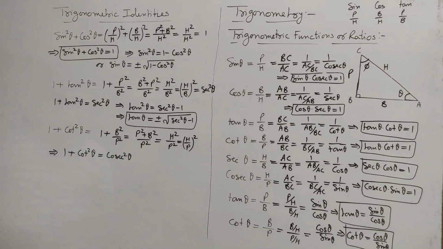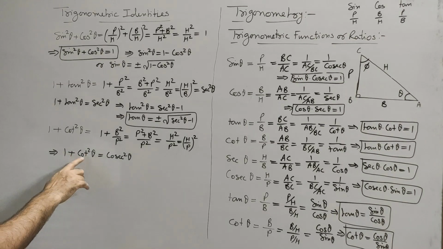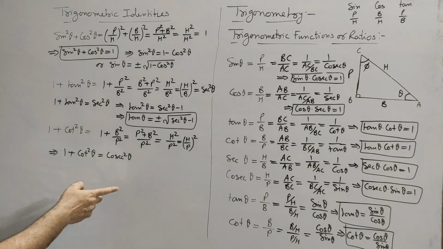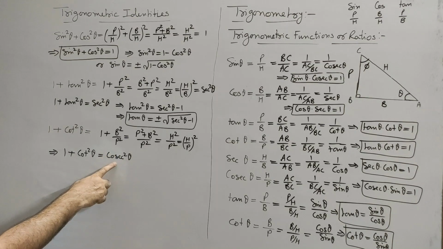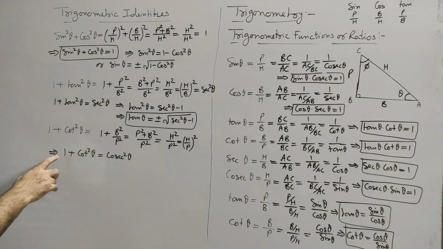And this can be used either to change cosec square theta into cot square theta or cot square theta into cosec square theta. If we want to find out cosec theta, then cosec theta will become plus minus under root 1 plus cot square theta.